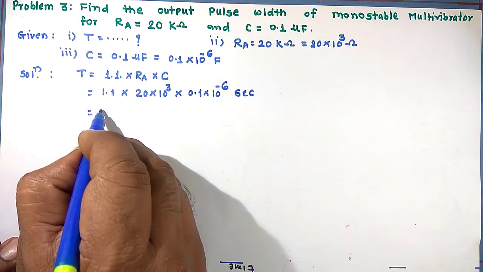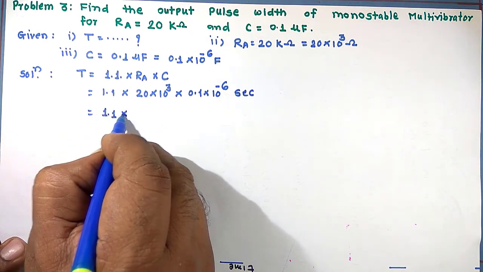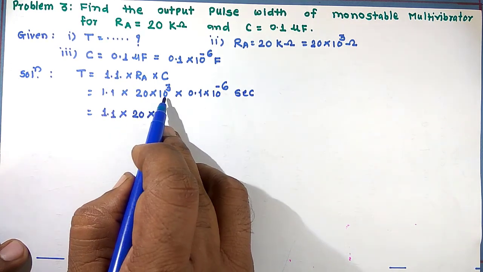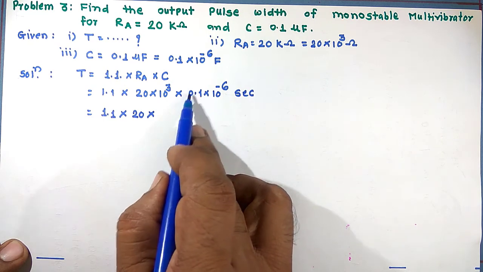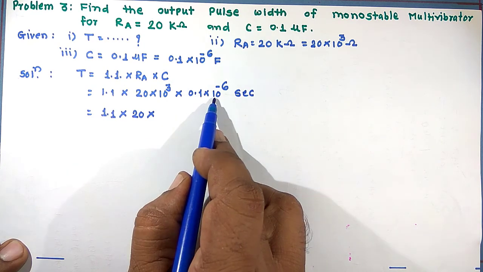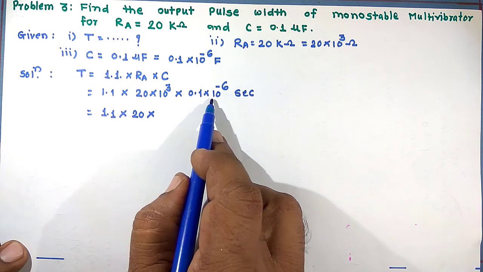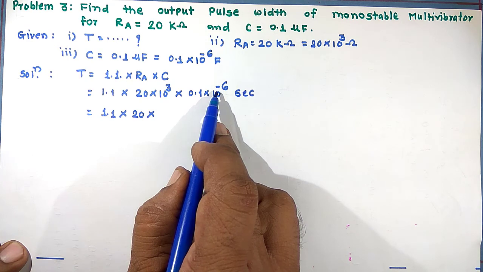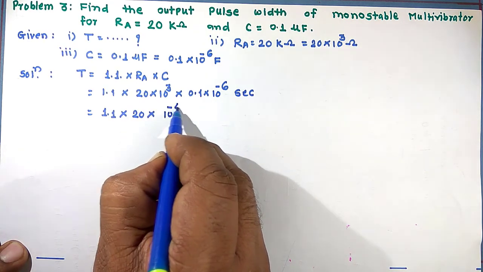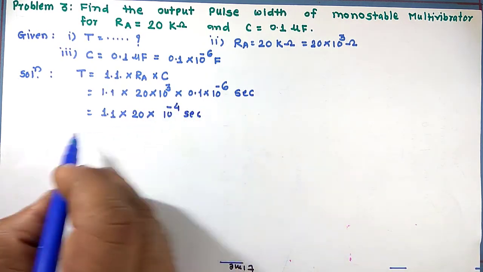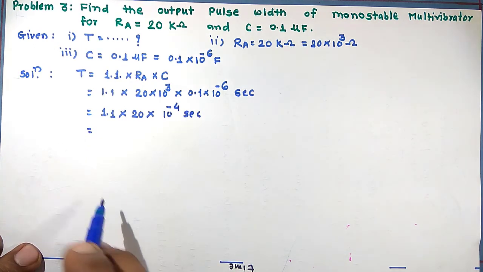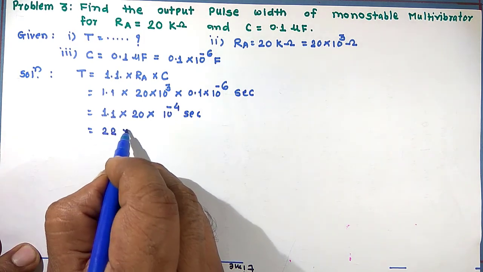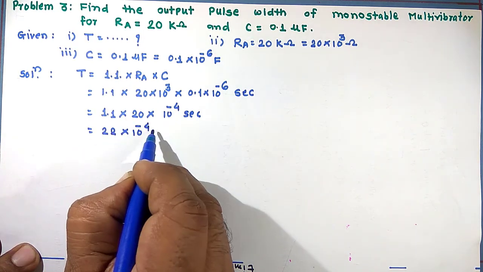So this is equal to 1.1 into 20 into, this is 10 raised to 3 and this is 10 raised to minus 1. This is 10 raised to minus 6, so total this is 10 raised to minus 7. 10 raised to 3 into 10 raised to minus 7 is 10 raised to minus 4. So this comes out to be equal to 22 into 10 raised to minus 4 second.